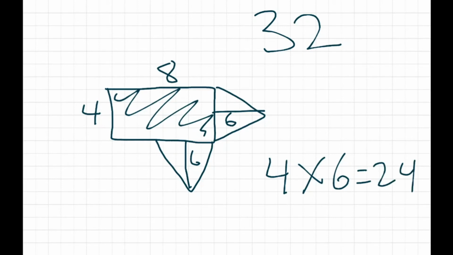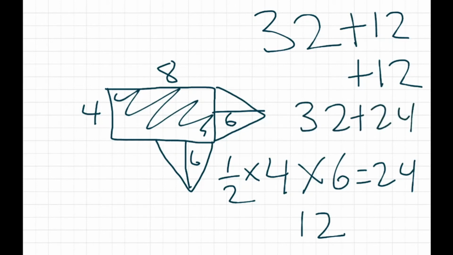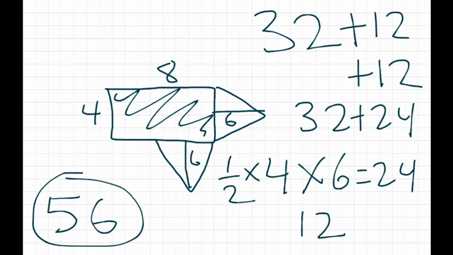And then half times 24 is equal to 12. So both of these triangles are going to be equal to 12. So we know 32 plus 12 plus 12. 12 plus 12 is 24, and 32 plus 24 is equal to 56. So the area of this shape is equal to 56.